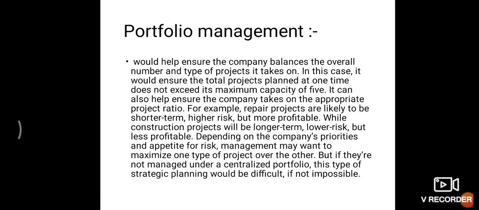For example, if one project is more profitable for the organization in terms of money, and the other is less profitable, but they fall under the same portfolio, then depending on the company's priority, which project we have to give the most priority to, we still get a long term benefit from this single project.